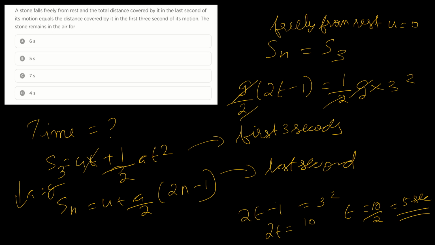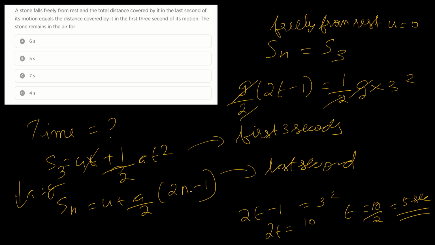See, simple question. Just apply this formula. We must know where to apply it. Here, last second means nth second. First 3 seconds means S3, the second equation of motion. Just equate both. u becomes 0 because it is falling from rest. Then a becomes g because it's a free falling body.